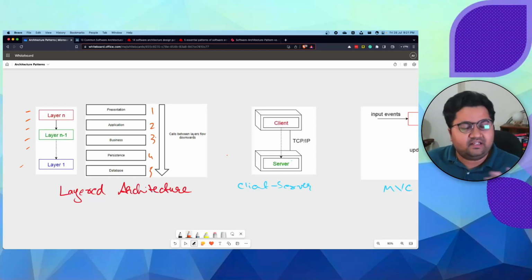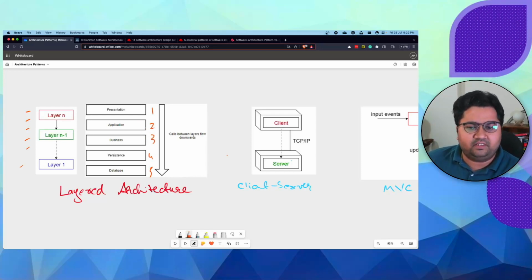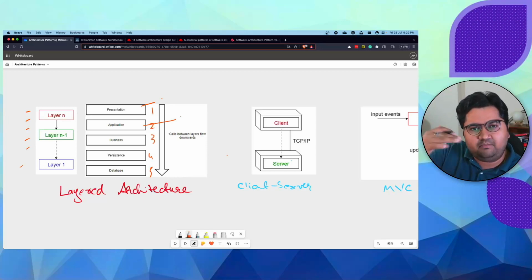And each of these layers might follow their own dedicated software architecture. For example, the application layer might follow something like a microservice, while the presentation layer is an Android and follows MVVM. So layered architecture is more of a construct where you add multiple layers in the system.